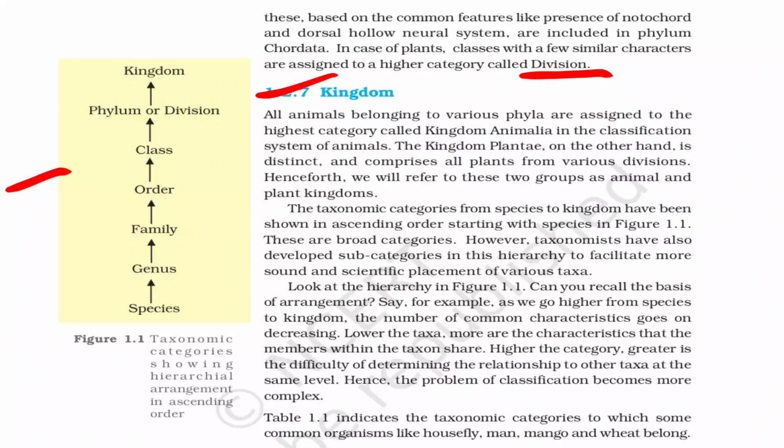As we go higher from species to kingdom, the number of common characteristics goes on decreasing. The lower the taxa, the more the characteristics that the members within the taxon share. The higher the category, the greater the difficulty of determining the relationship to other taxa at the same level. Hence, the problem of classification becomes more complex. Now, the table indicates the taxonomic categories to which some common organisms like housefly, man, mango, and wheat belong.